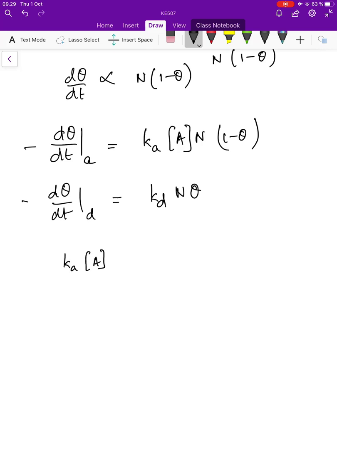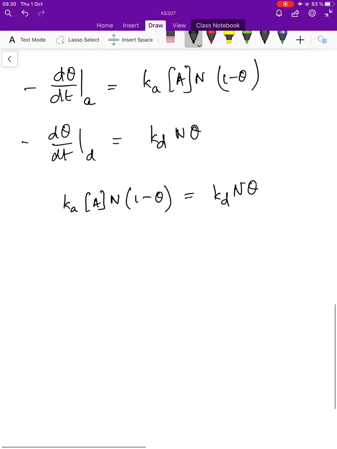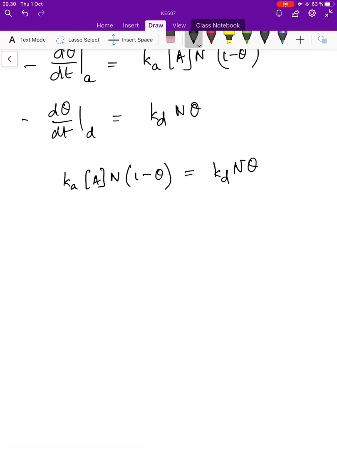So the adsorption rate constant multiplied by the concentration of the species multiplied by the total number of sites multiplied by the fraction of unoccupied sites is equal to the desorption rate constant multiplied by the total number of sites multiplied by the fraction of occupied sites.